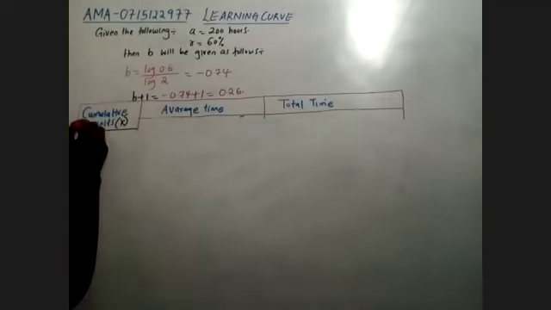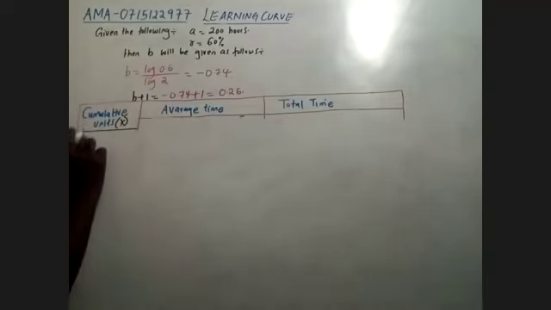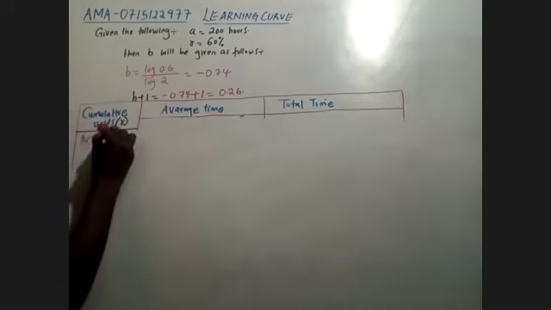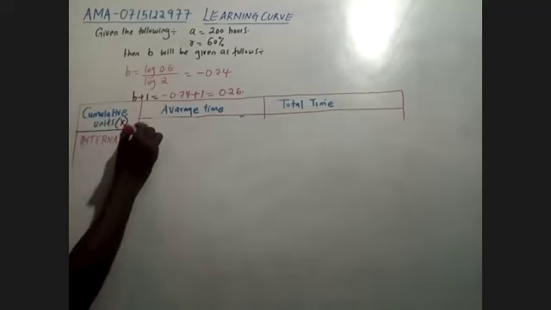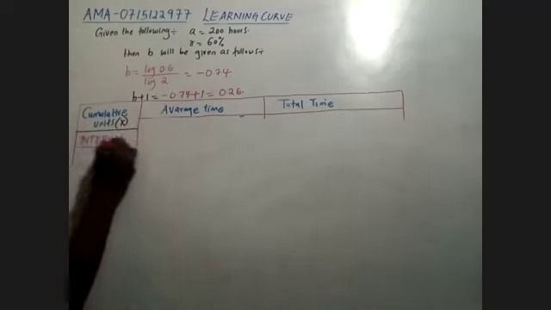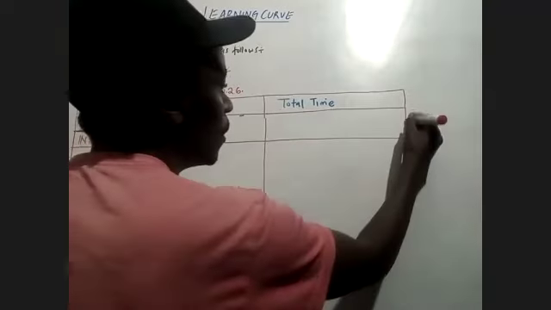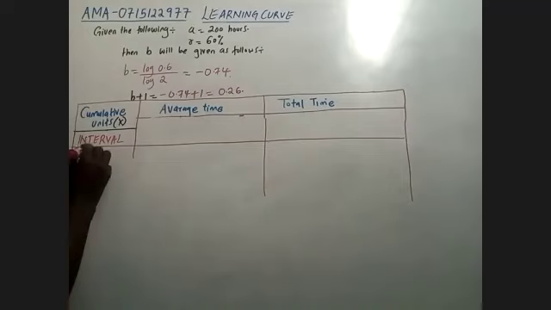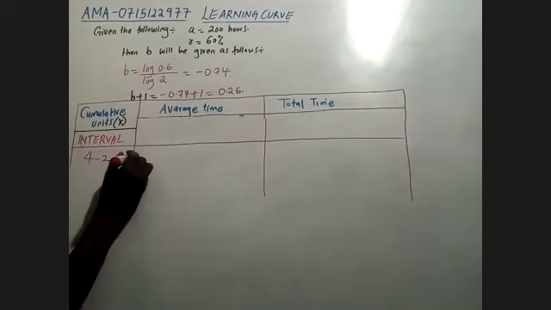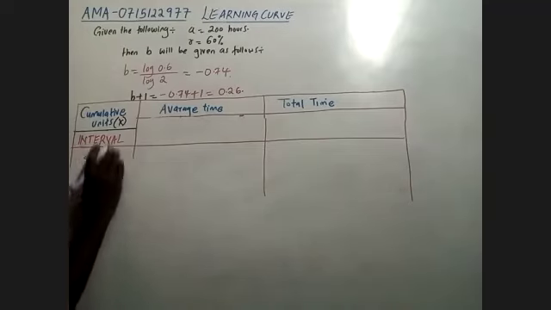Now let's talk about interval. Now, for example, between 4 and 2. So what would be the average time?